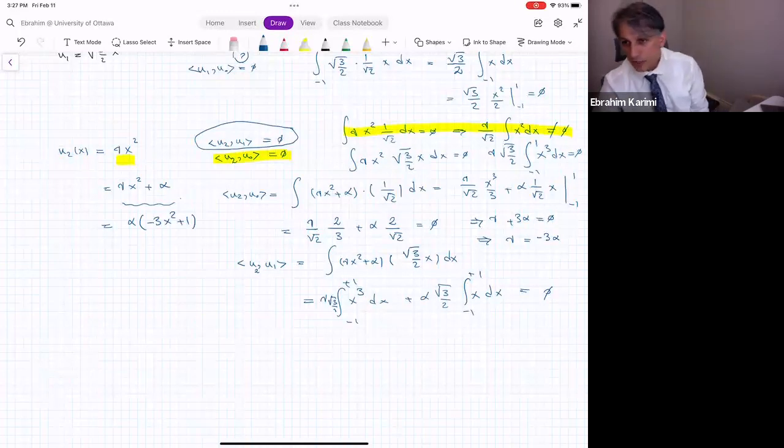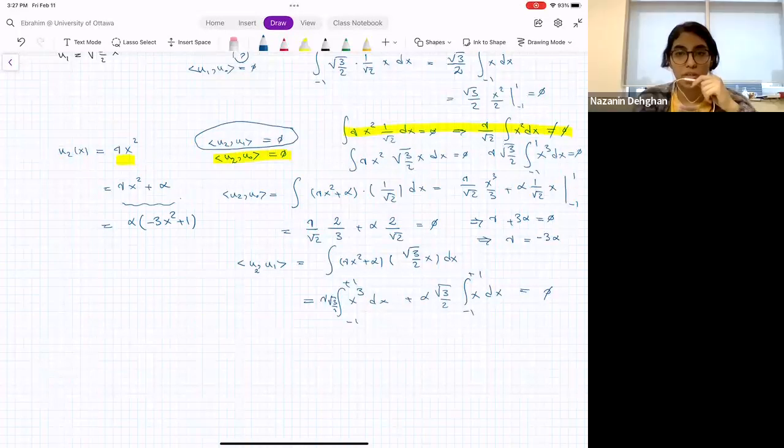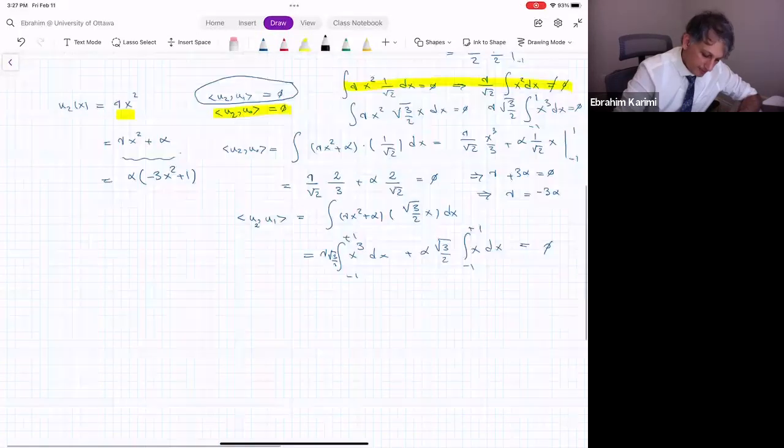And now how do you find alpha? The normalization condition that we have. In order to find alpha, you look at the integral of u2 and u2, and that should be equal to 1.